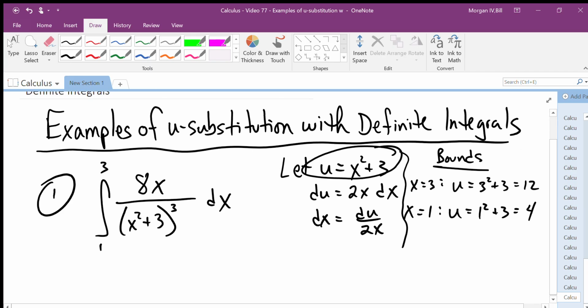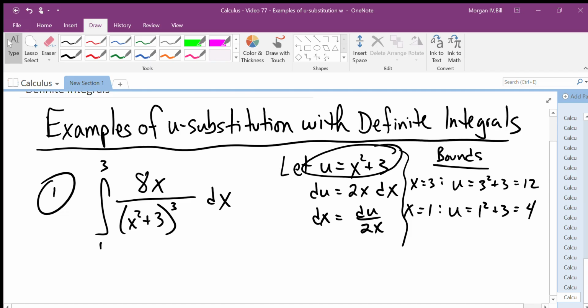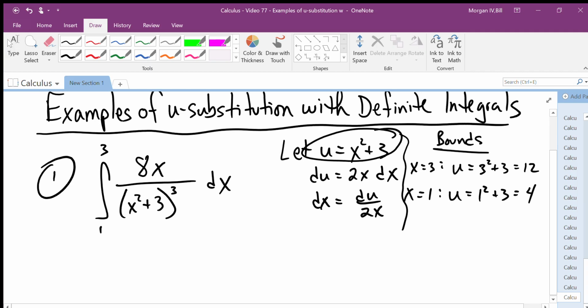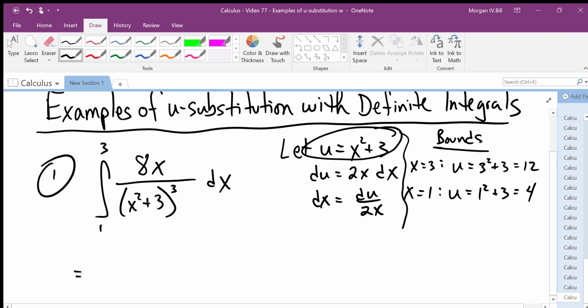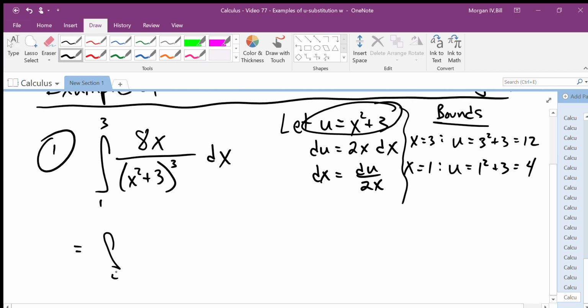Okay, so I'm going to change the bounds. I'm going to substitute x squared plus 3 for u, and I'm going to let dx equal du over 2x. It should look something like this. I now have the integral from 4 to 12 instead of 1 to 3. I'm going to leave the 8x.